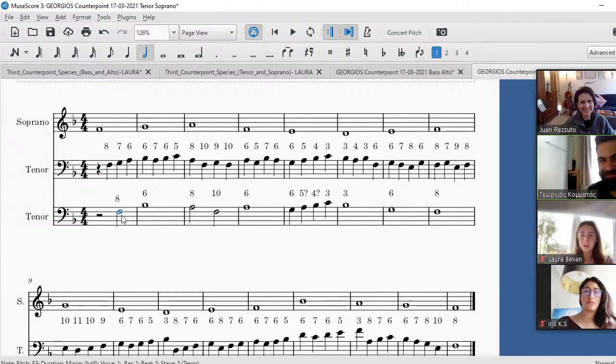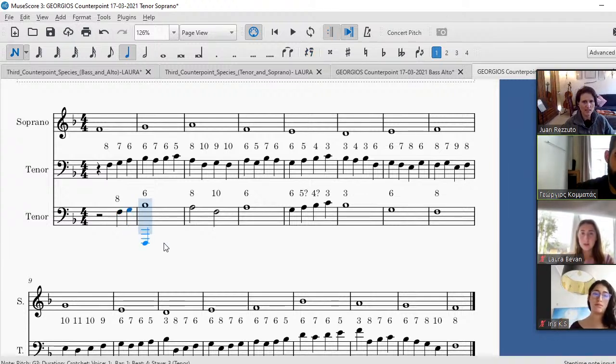Look at it. You have to reduce to the second species. How would you reduce this even more? You have to put F, G here, and this would not be a reduction. So that's the point.